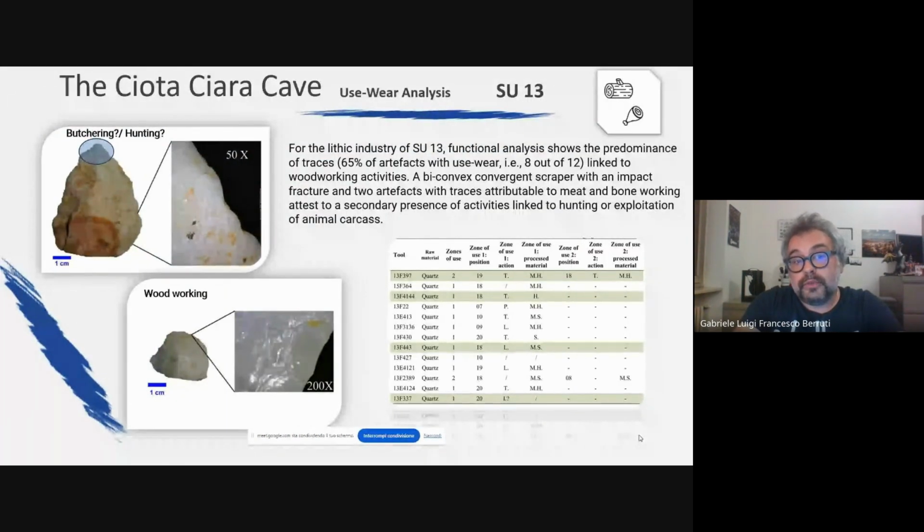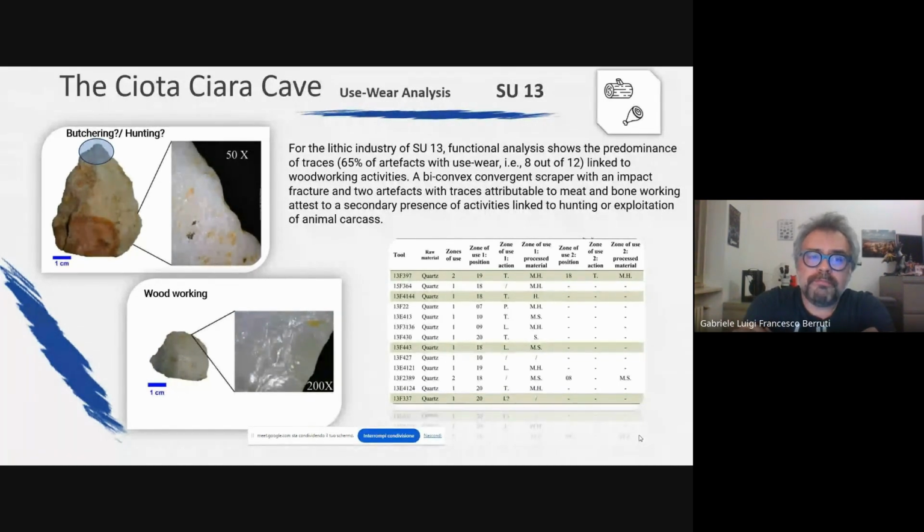Now we can start to speak about the three different stratigraphical units. For the stratigraphical unit 13, we found a lot of traces linked only to two different activities: woodworking and butchering.